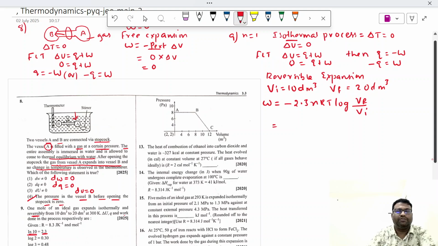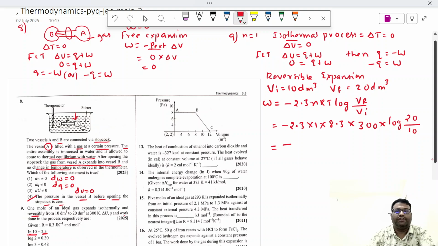That is equal to minus 2.3 into 1 into, what is the R value given? R value given is 8.3 joule per Kelvin per mole, and temperature given is 300 Kelvin, into log of V final, 20 decimeter cube, by V initial, 10 decimeter cube.